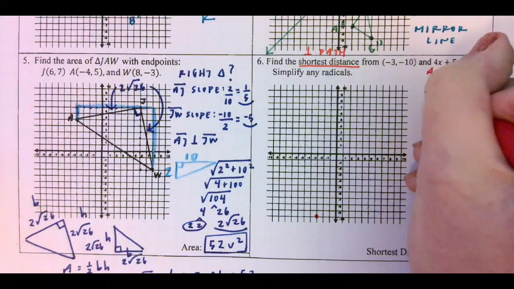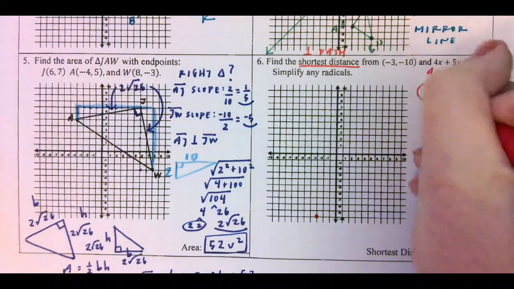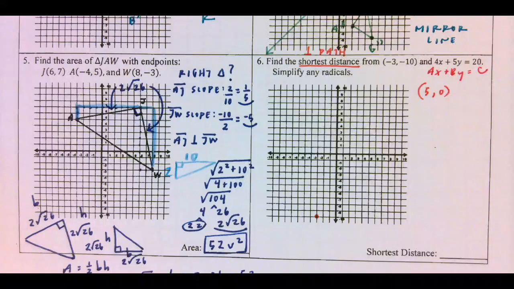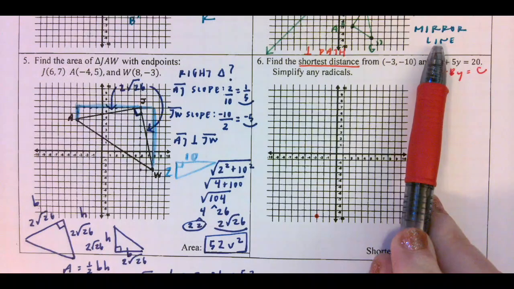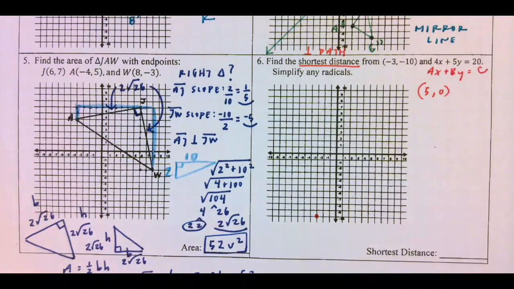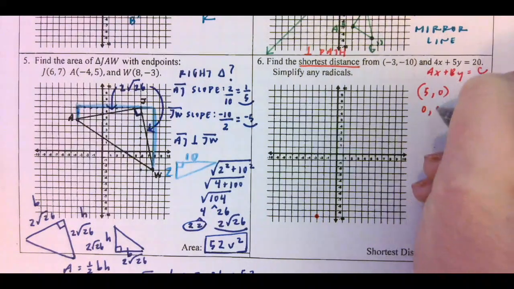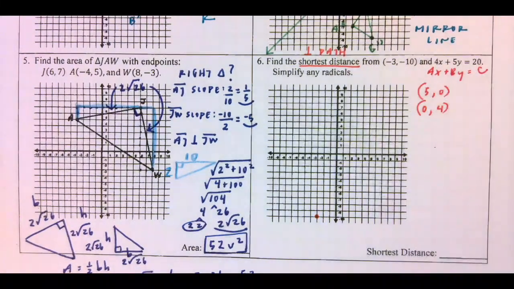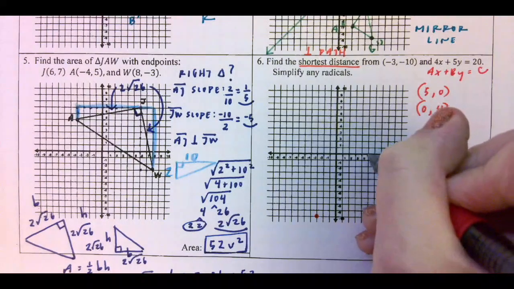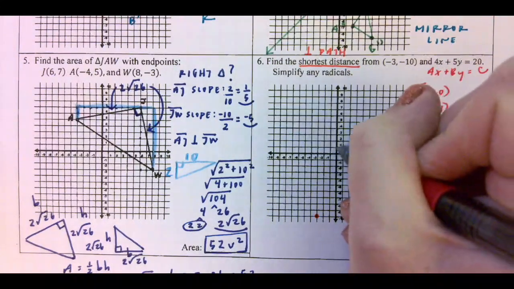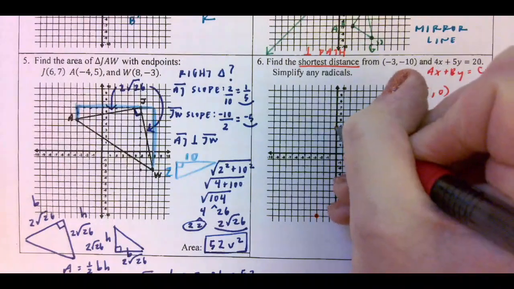So x is 5 when y is 0. And if I want my y-intercept, I can plug in 0 for x, cover that part up, divide each side by 5, and I get that my y would equal 4. So when x is 0, my y value is 4. So I have my intercepts at (5, 0) right here, and (0, 4) right there.